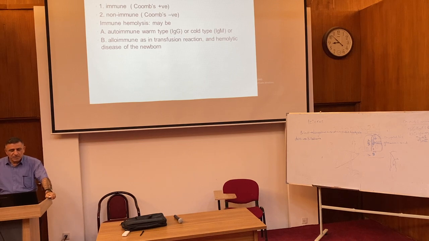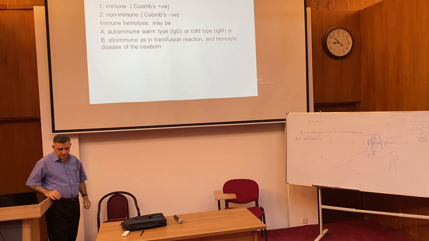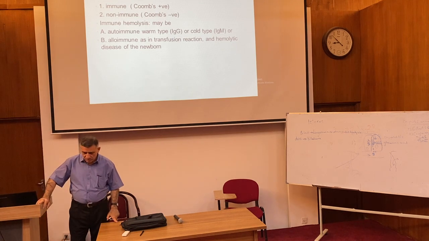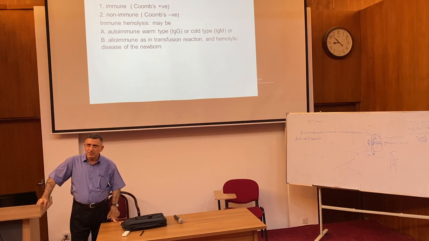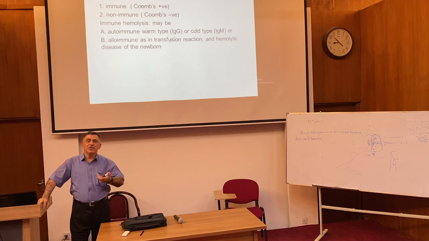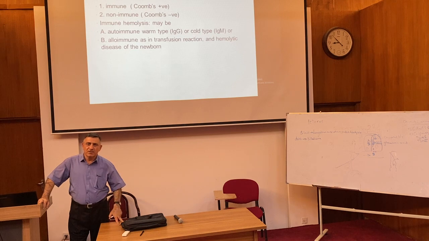Immune hemolysis is either autoimmune or alloimmune. Auto means antibodies against one's own RBC.